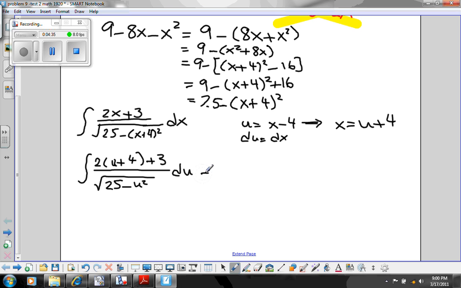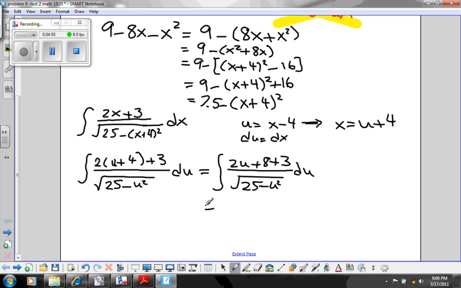Okay, let's multiply it out. We get the integral of 2u minus 8 plus 3 over the square root of 25 minus u squared du.